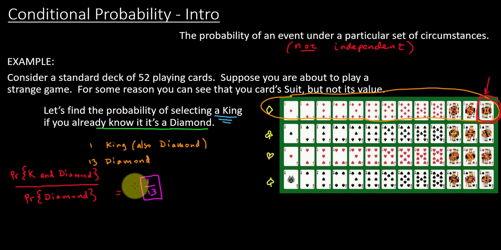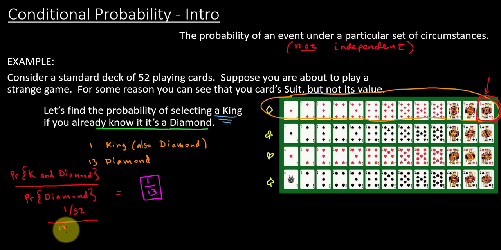This simplifies to 1 over 13, but if you started from scratch, the way this would likely have been written out was, well, there's one king of diamonds out of the 52 cards. And how many diamonds are there?